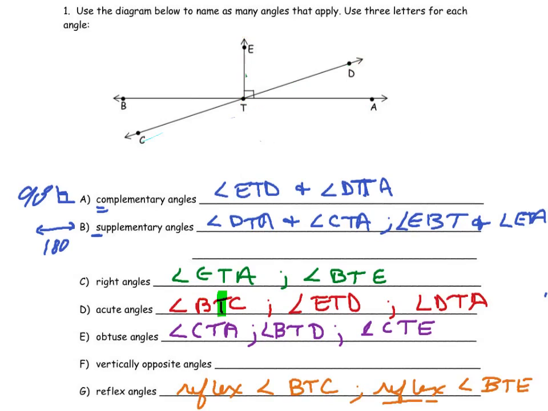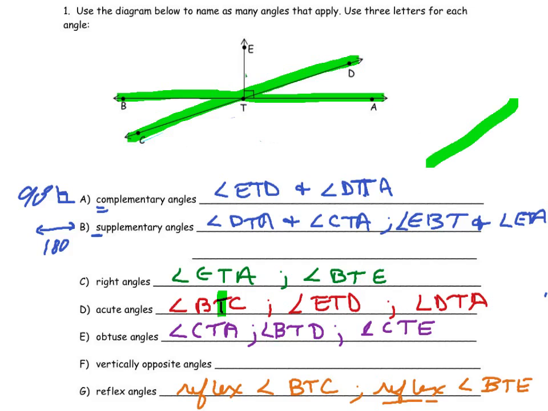Last but not least on this diagram, I want you to be quite competent at doing vertically opposite angles. Whenever you have two lines that intersect at a common point, essentially what you have is a pair of scissors. And I know that's silly, but it works.